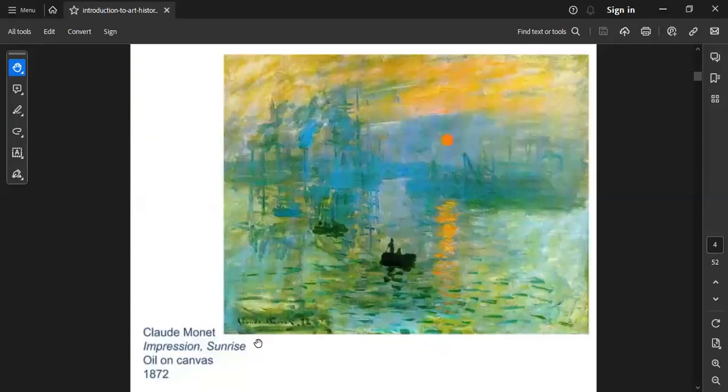Now, this belongs to Claude Monet. Claude Monet is an impressionist. Impressionism is a category of fine arts, and this painting is again very famous. These days, one type of question is very famous in your entrance exams.